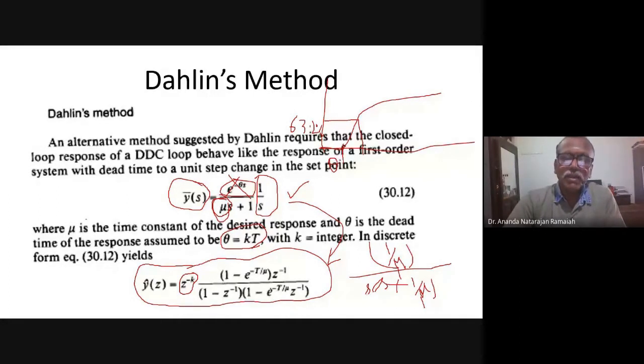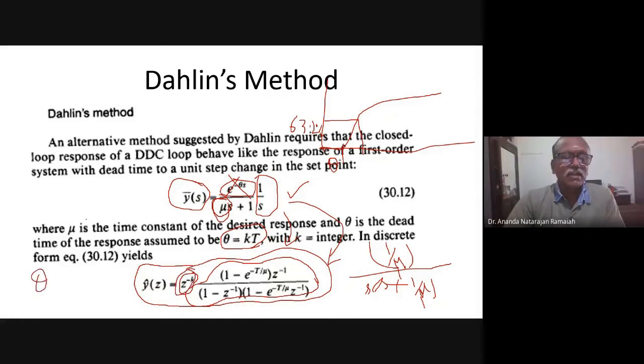For that, the formula is 1 minus e power minus a T, whole multiplied by z power minus 1, upon 1 minus z power minus 1, 1 minus e power minus a T z power minus 1. This is from the table; we can write a response for this. So it is multiplied by the dead time, that is z power minus k.